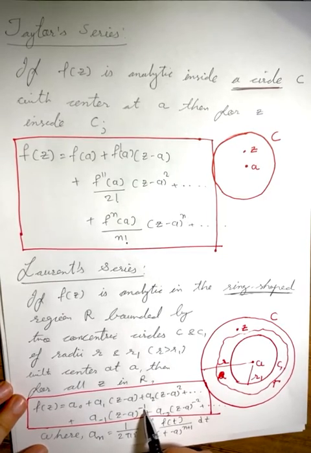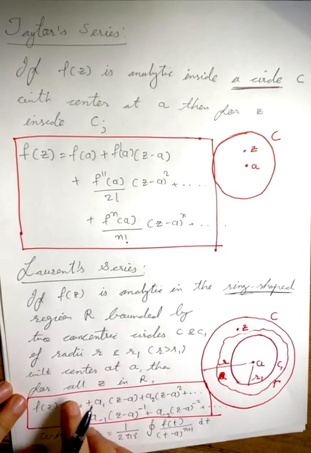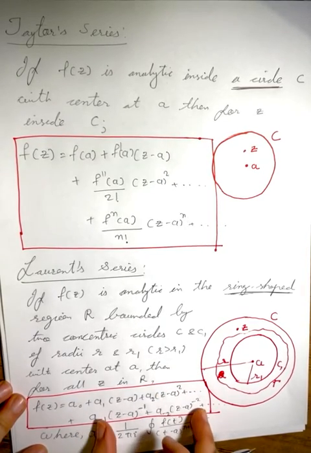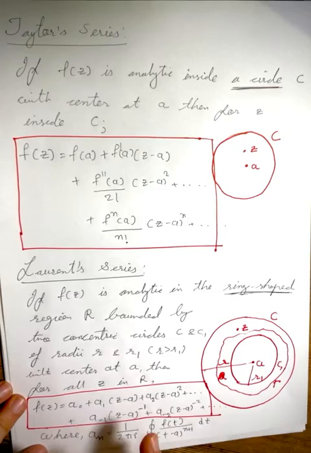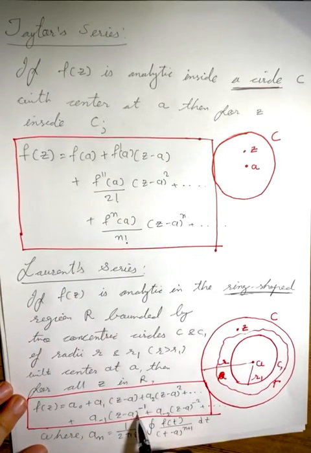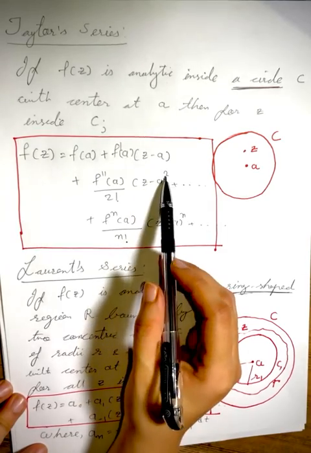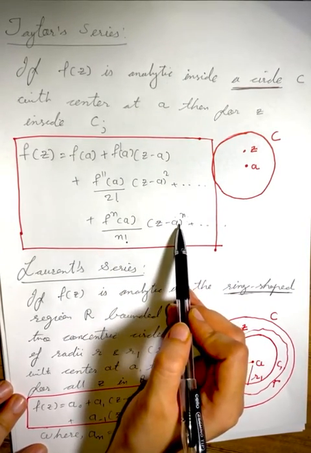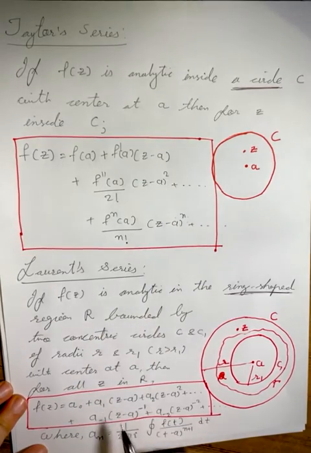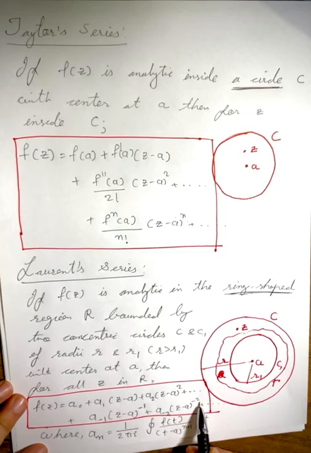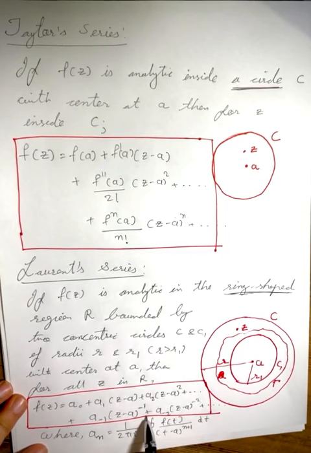It is also possible that you might not have this series, but you will have only the negative-term containing series. So how do you identify whether it is a Taylor series or Laurent series? If you have a series containing only positive powers, then you will say that the series is a Taylor series. If you have powers containing positive and negative both, then of course you have a Laurent series.